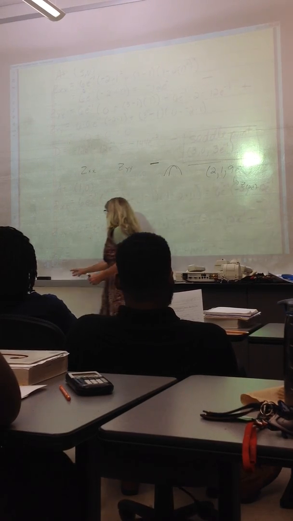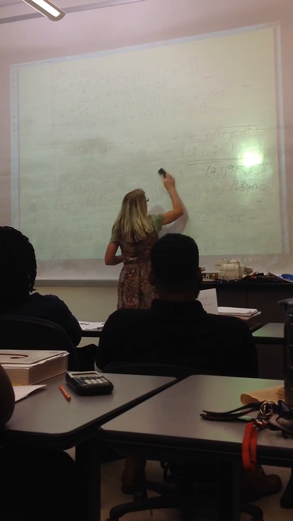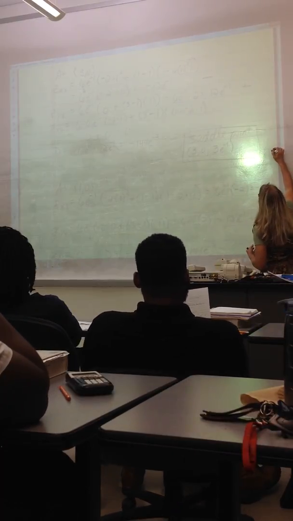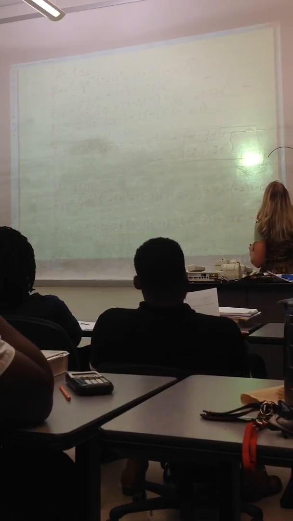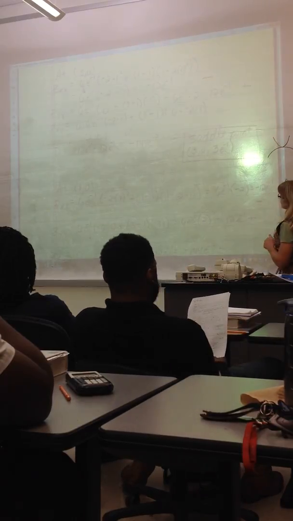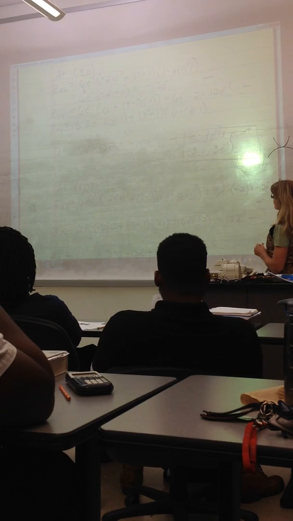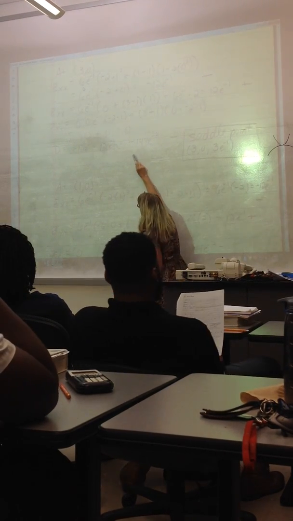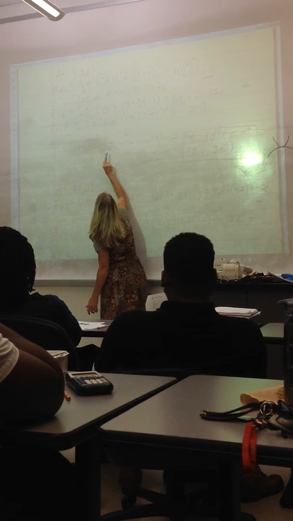Because if one is negative and one is positive, then you're going to have concave down in the x direction and concave up in the y direction, creating your saddle point. So d ends up being negative because you're multiplying negative times positive.